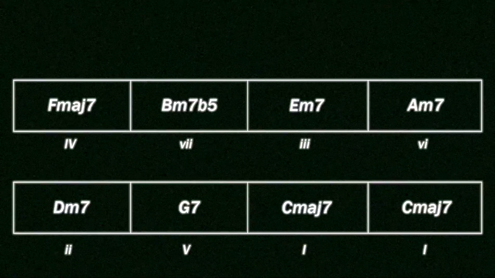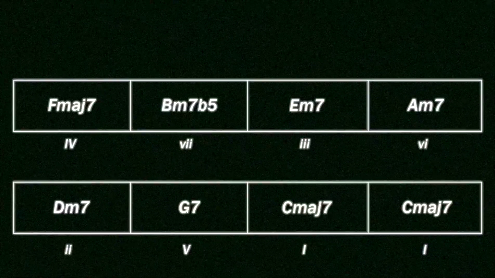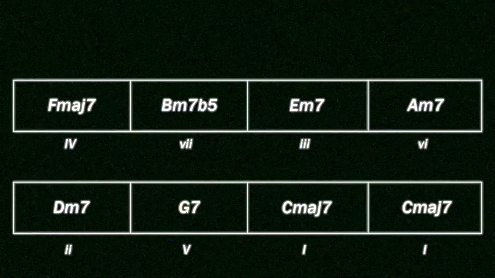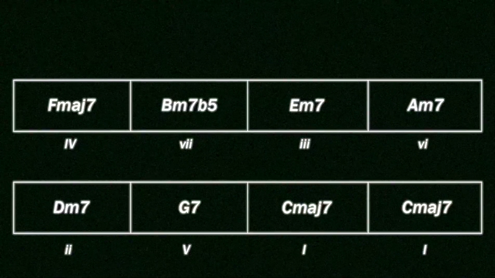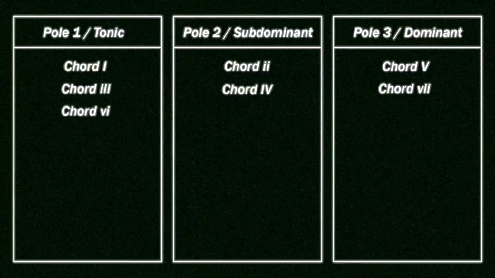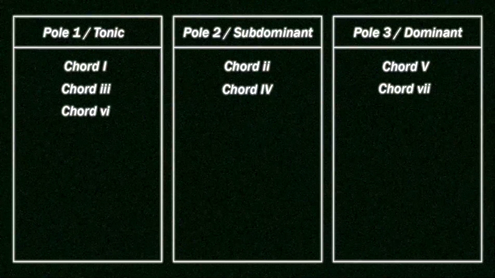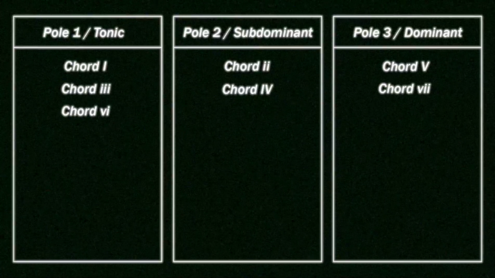Okay, so let's look at a fairly basic chord progression. How do we successfully reharmonize this using poles, but without disrupting its harmonic functionalization? Well, we can interchange any chord within its pole group and it will still maintain its harmonic integrity while also changing the sound of the chord progression.